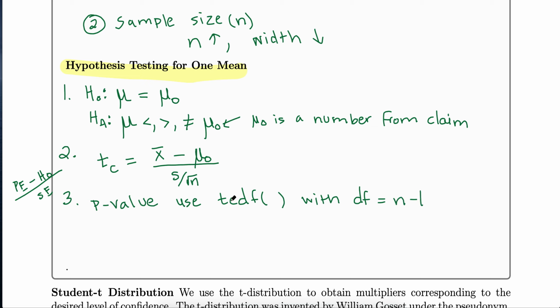I'll explain that in the next video. But just know we're going to use tCDF instead of normal CDF, and it's going to be very much the same. It's going to depend on if HA is less than, greater than, or not equal to, how we use this function tCDF. And then our last two steps are interpretation of the p-value and our conclusion.